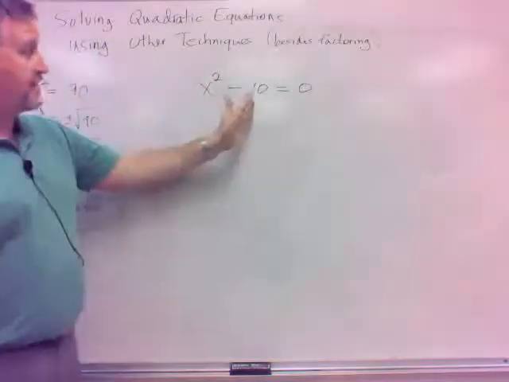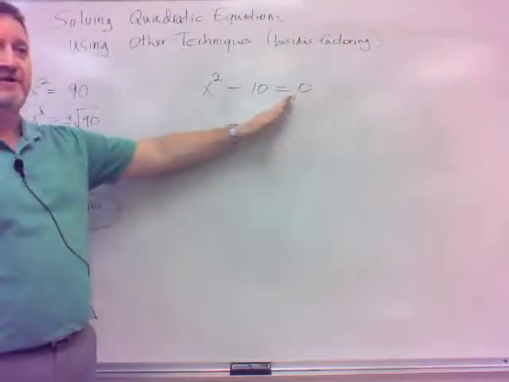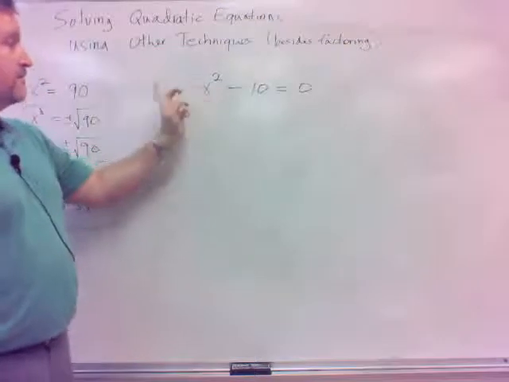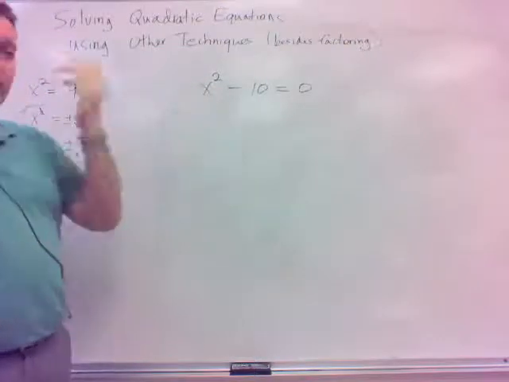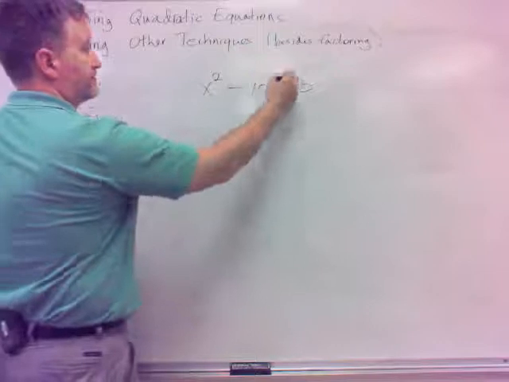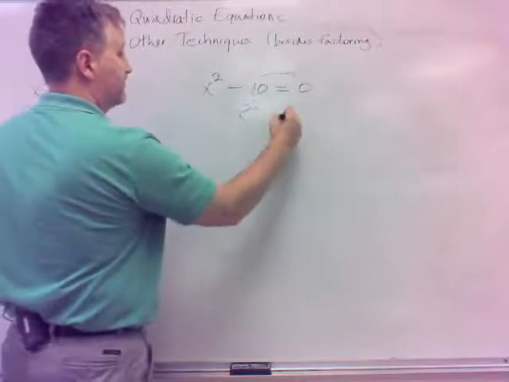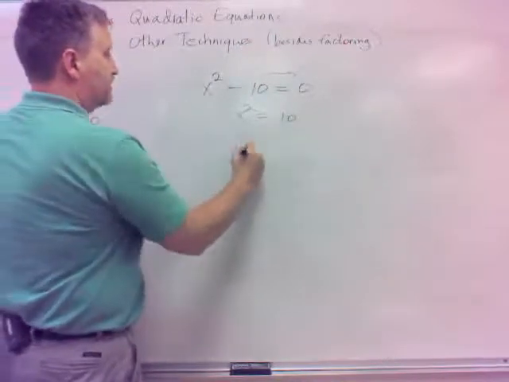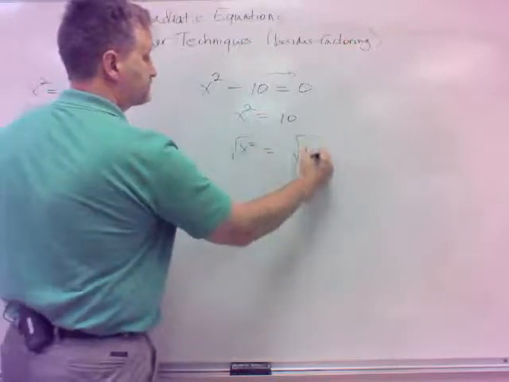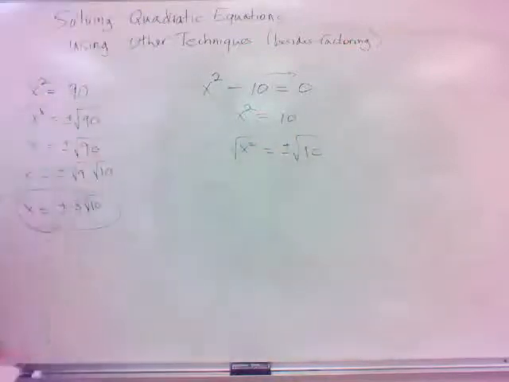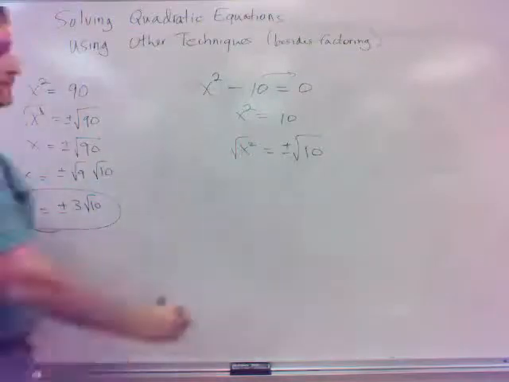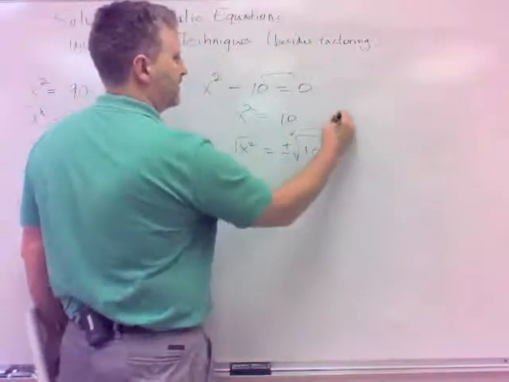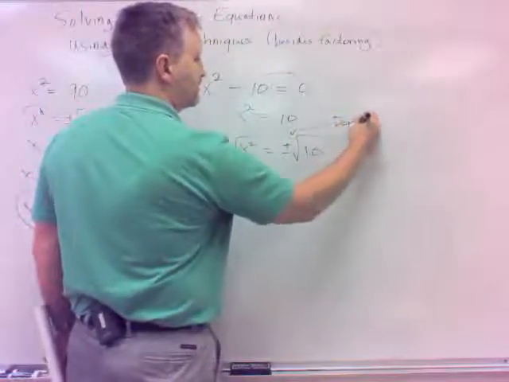So in this case, I don't want one side 0. I want the other side to be a number. This side, I want to be x squared. So the first step here is to move the 10 over, so get x squared equals 10. Now I square root both sides, basically. And don't forget, if you do it this way, you can write out both answers, but if you do it this way, don't forget the plus or minus.